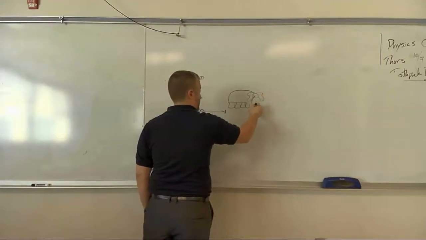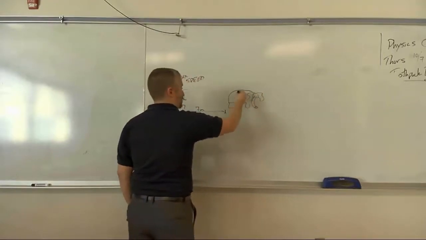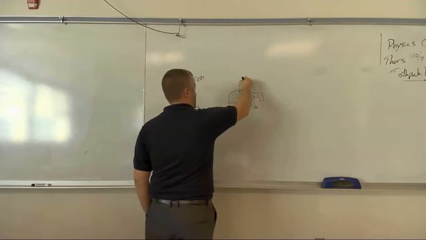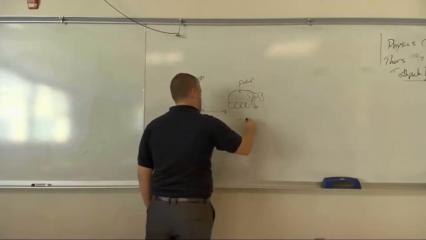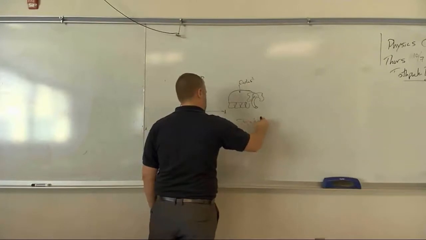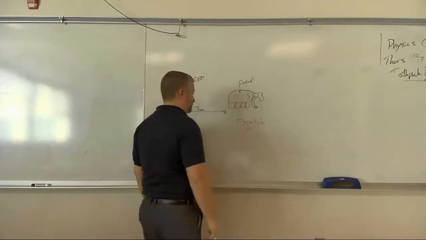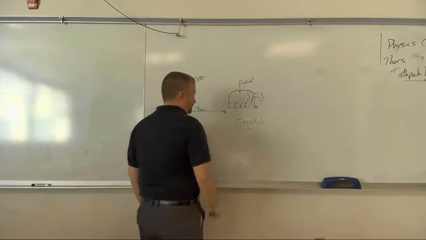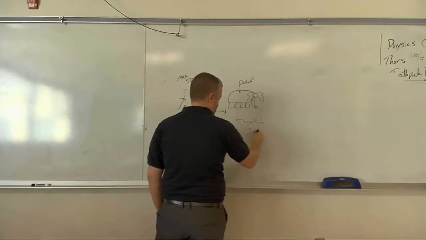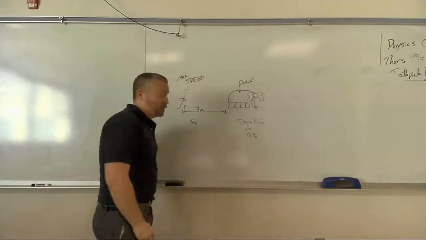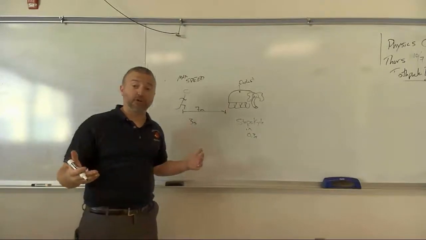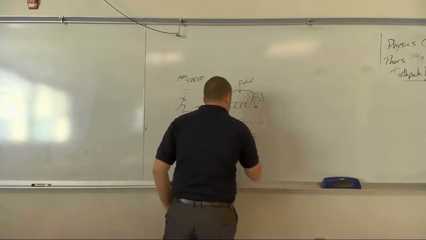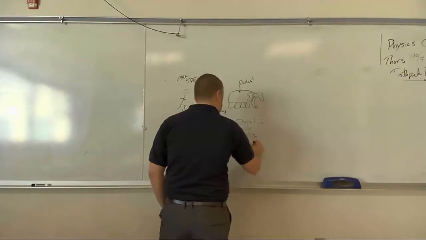Nailed it. Look at there. Elephant. Perfect. He runs into an elephant, and the elephant stops Kyle in, I don't know, 0.3 seconds. And what we want to know is when the elephant stops Kyle, how far did Kyle go? How far during this particular time?